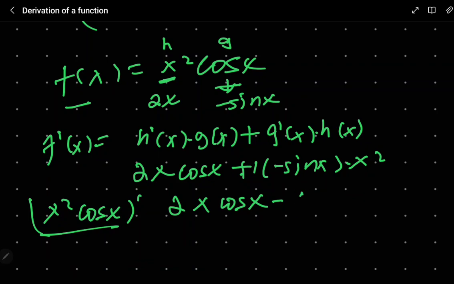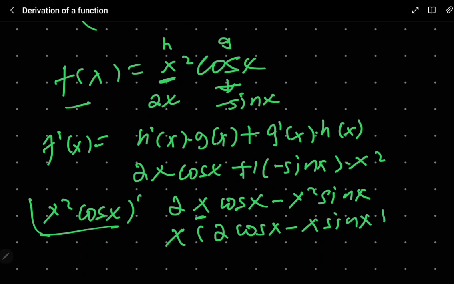Sometimes in exams you may be required to take x common, so you can say x into (2 cos x minus x sine x) is the derivative of x squared times cos x.